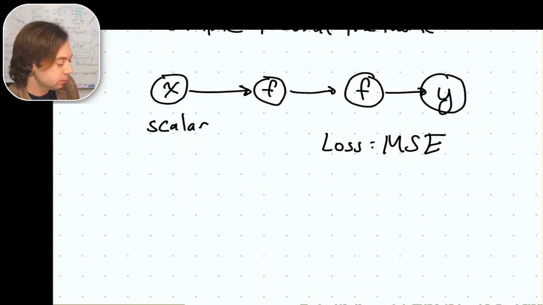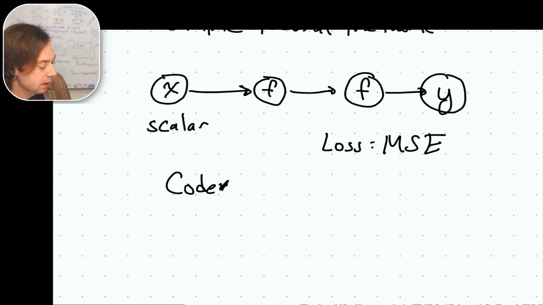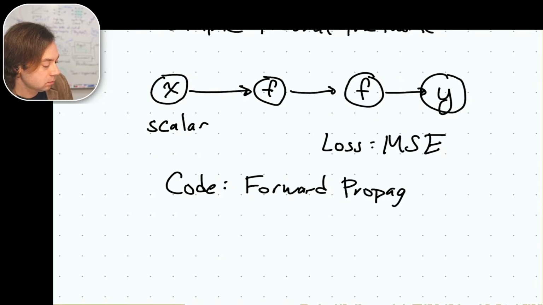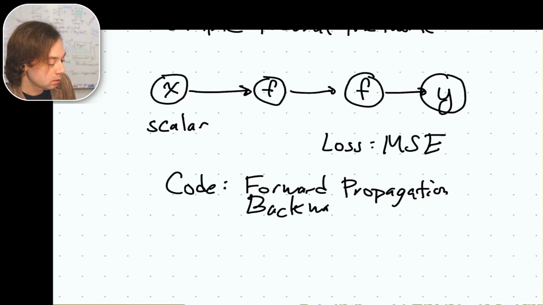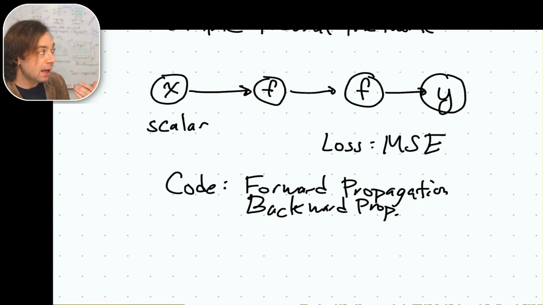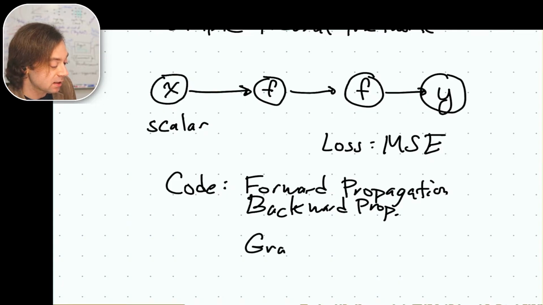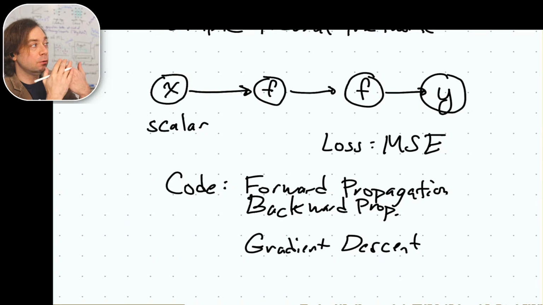We're going to code forward propagation, then backward propagation, backprop, and then with the gradient that comes out, we can do gradient descent on the loss, so we can get it to fit some data.